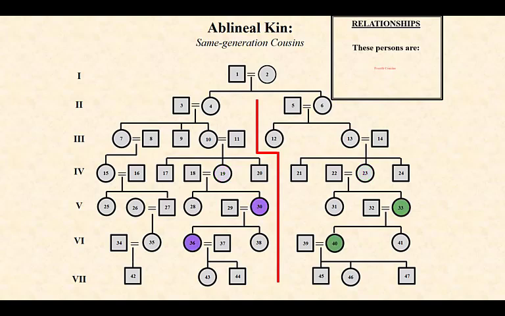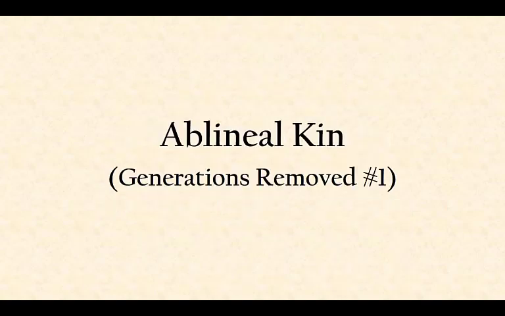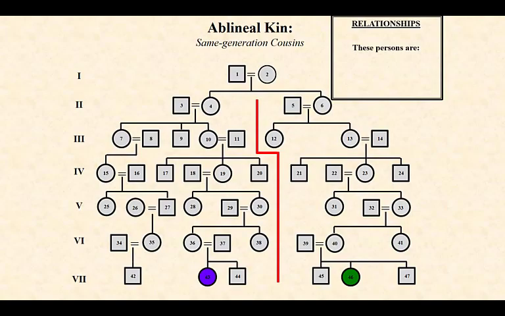Their children are fourth cousins, and again the children of these fourth cousins are fifth cousins. Two points here. One is that each of the cousinships follows from the previous one. For example, the children of the first cousins are the second cousins, the children of the second cousins are third cousins, and so forth. And the second point is that they're all the same generation.